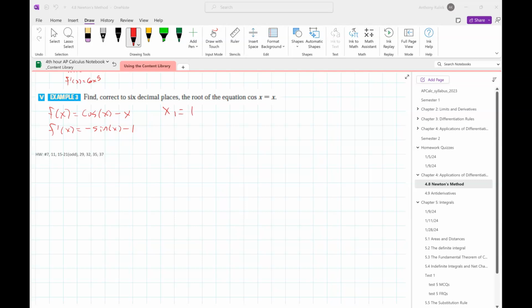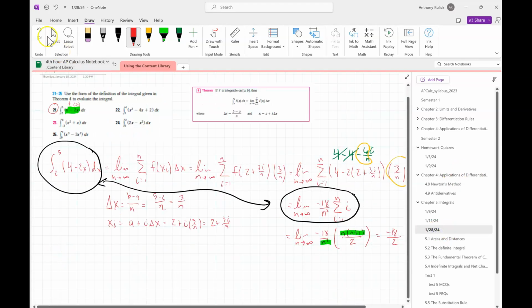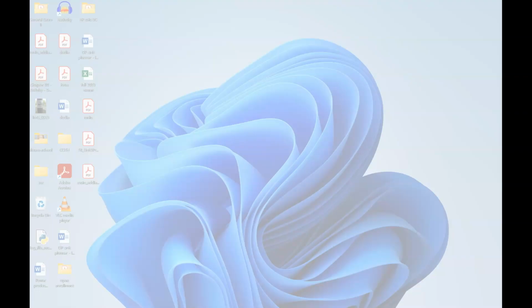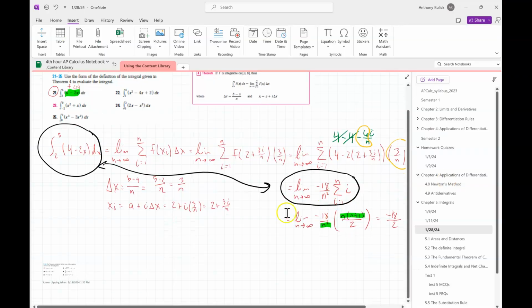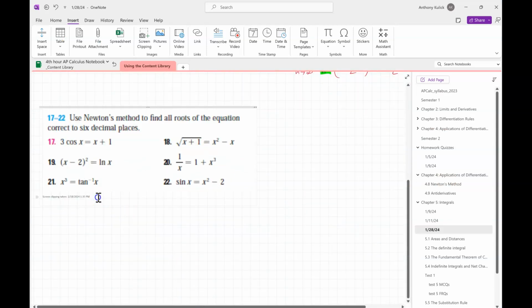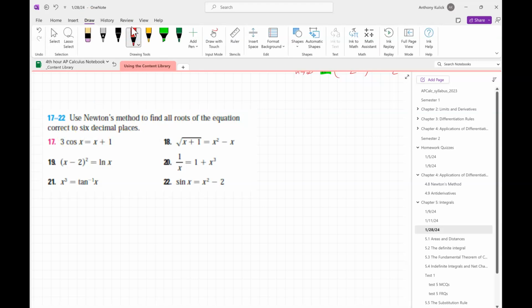So let me grab one of those. So we have something like this, right? Where the directions say find all roots for the equation. Okay. So let's just do 17 for an example.